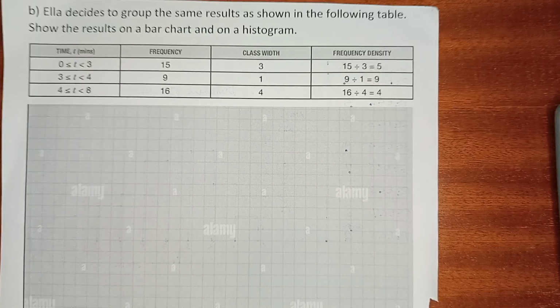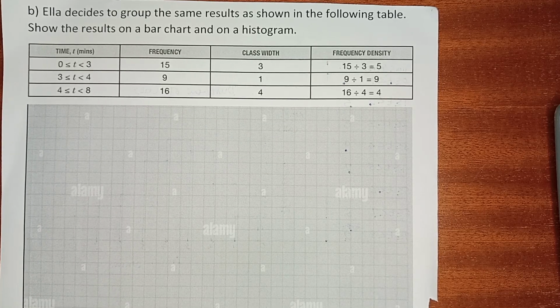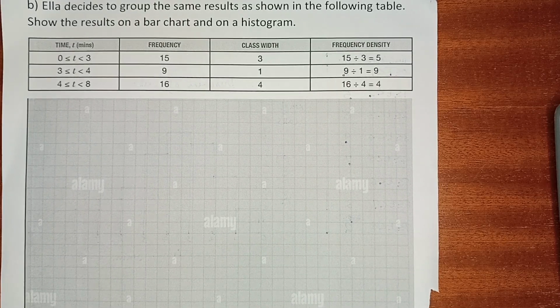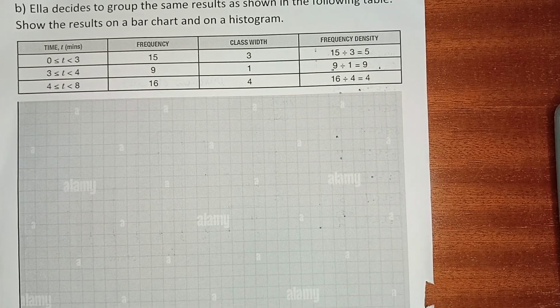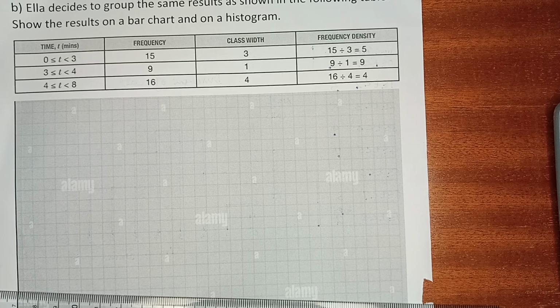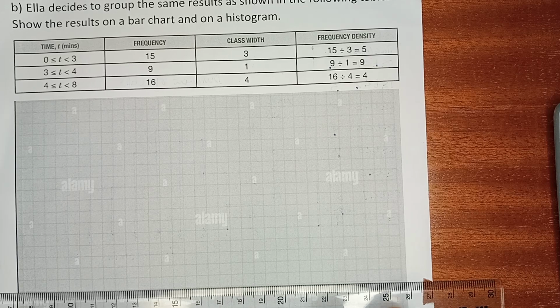It is talking about the minutes versus the frequency itself, only that in this case we have grouped data. So if we were now to draw a bar chart, let's see.